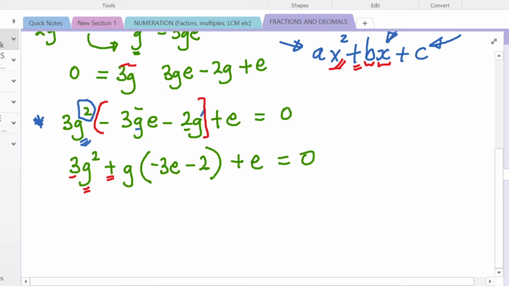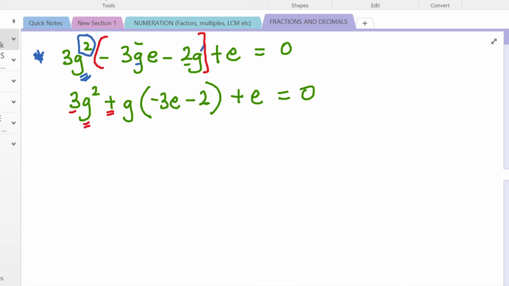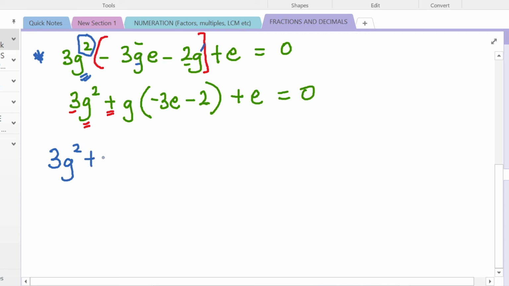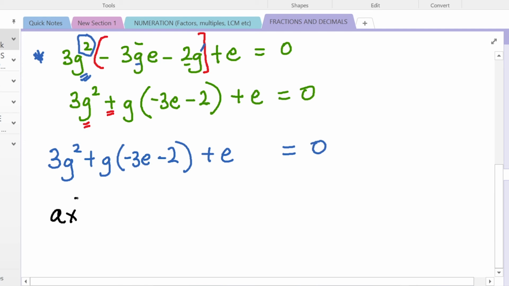So if you look at this expression, let me rewrite it here. This has now become 3g squared plus g into negative 3e minus 2, plus e, equal to 0. If you look at that expression, it is all in the form of ax squared plus bx plus c.